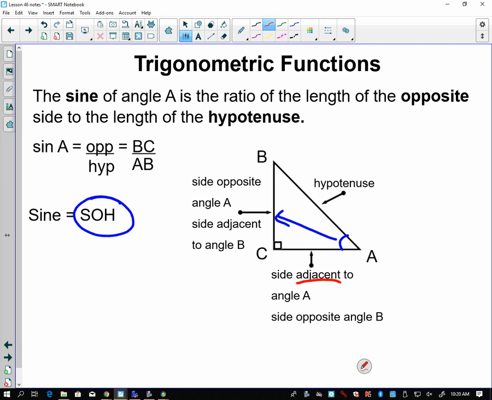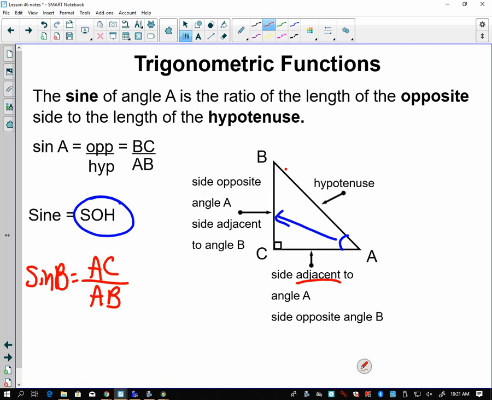So side AC is adjacent to angle A, but it's opposite to angle B. So if I was looking for sine of angle B, I would get AC over AB. That is sine B. Does that make sense?